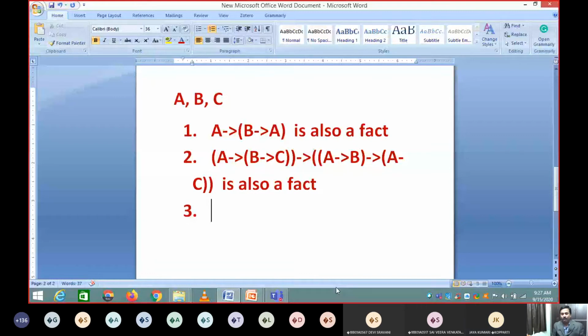Okay, so you have a third rule, a very simple rule: negation of A implies negation of B. When this is there, then B implies A. Once we do the problem, then we will understand what exactly I am trying to tell you is a fact.